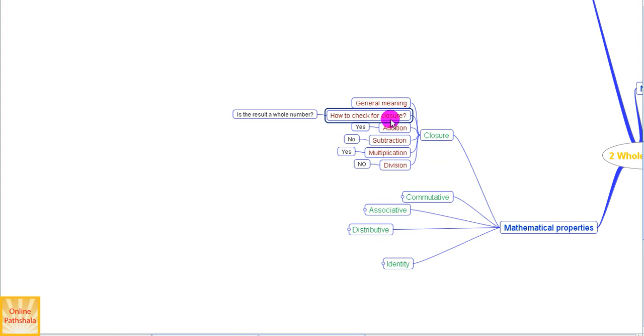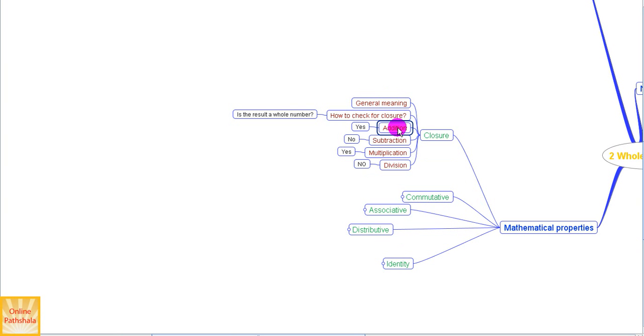And how do we check for closure? We just take any operation, that is addition, subtraction, multiplication or division, perform it and check whether the result is a whole number. When the result of a particular operation is always a whole number, we say that the closure property is satisfied for that operation.